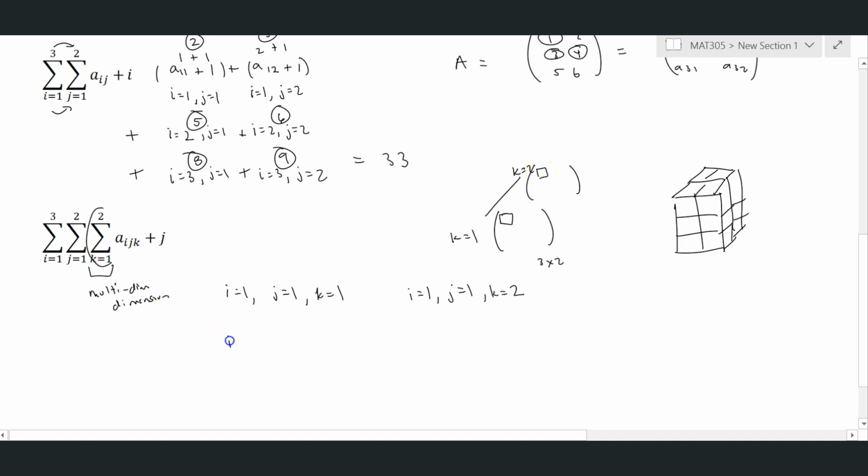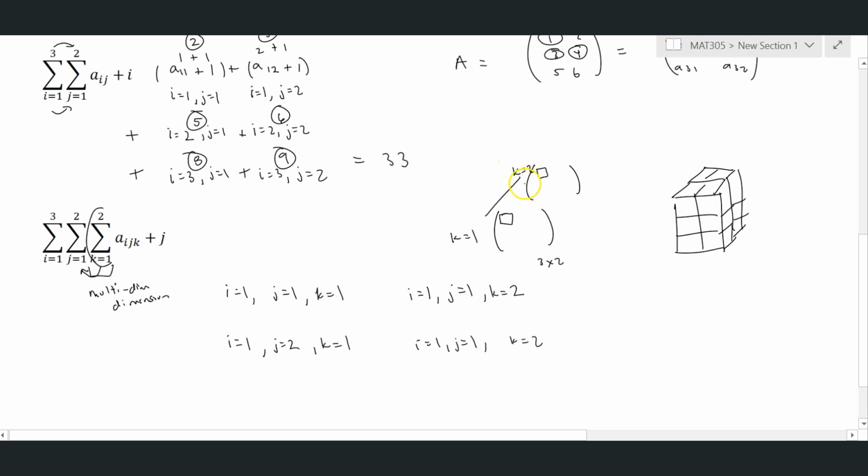And then we would go i equals 1. Notice that we're out of k's, so we move outwards one summation, and now we increment j. So we're going to go through all of the j and k's for i equals 1. So now j becomes 2, and we reset k to 1. Then we go i equals 1, j equals 2, k equals 1.